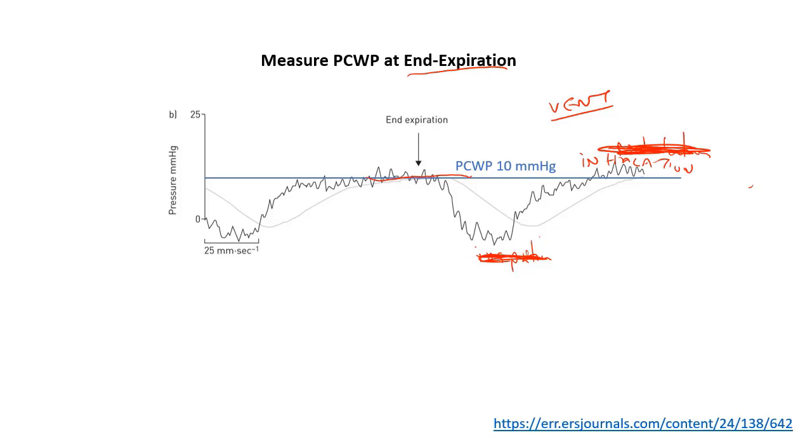Then as they breathe out, the pressure gets less, so this has to be exhalation. And so we'd measure our wedge down here for someone who's on the ventilator. An easy way to remember that is vent equals valley. That's where you measure your wedge pressure when someone's on a vent, versus the other way around when someone is not ventilated.